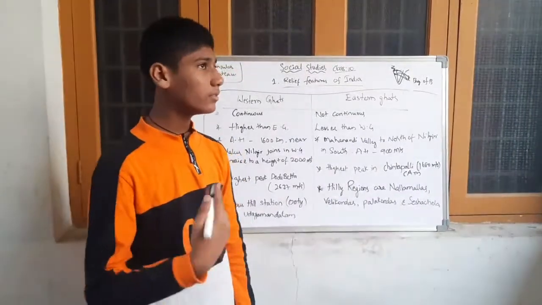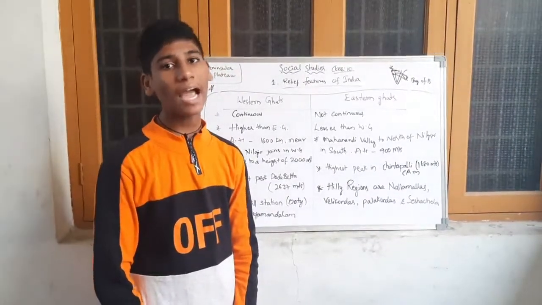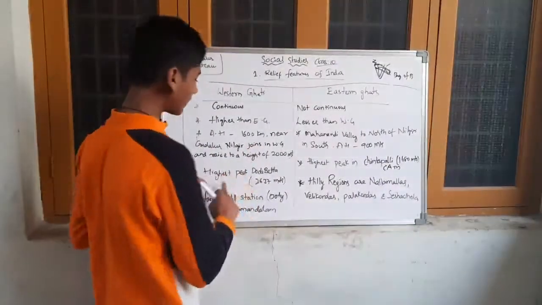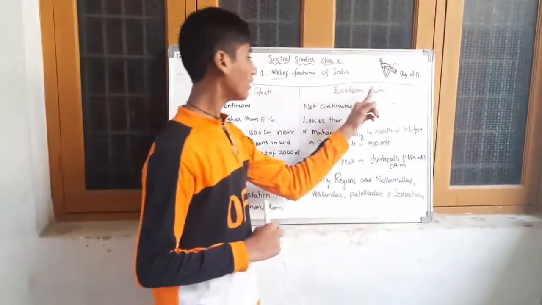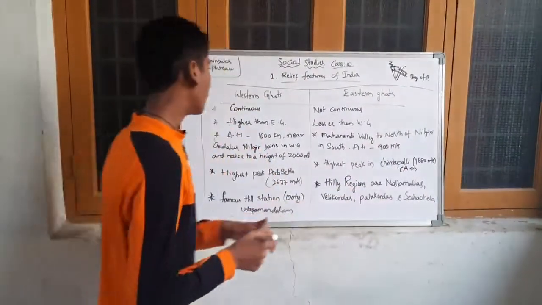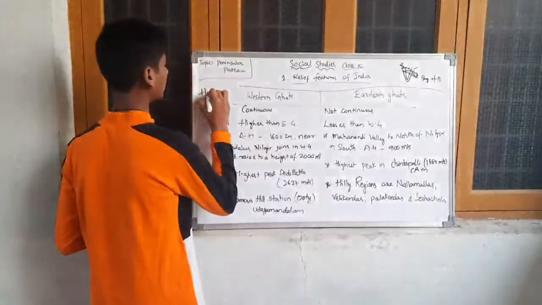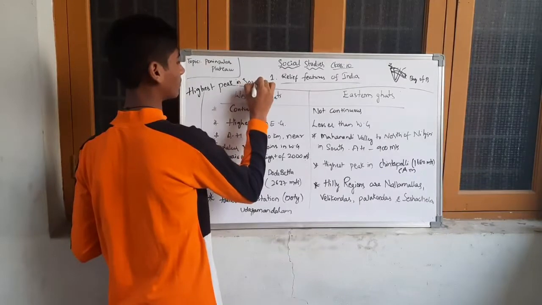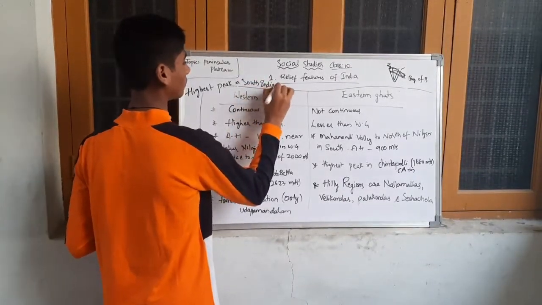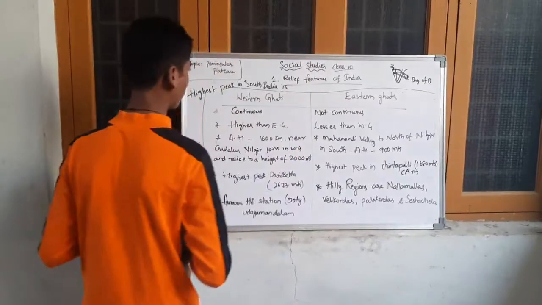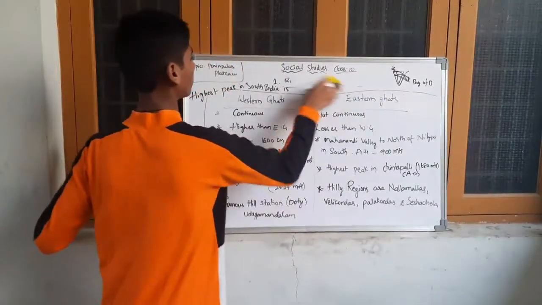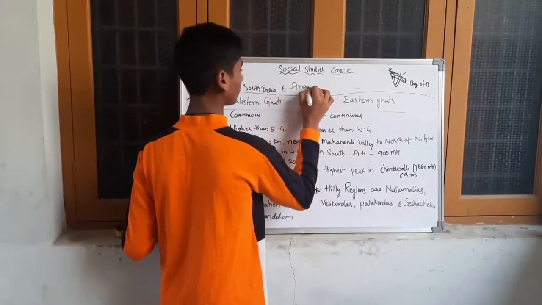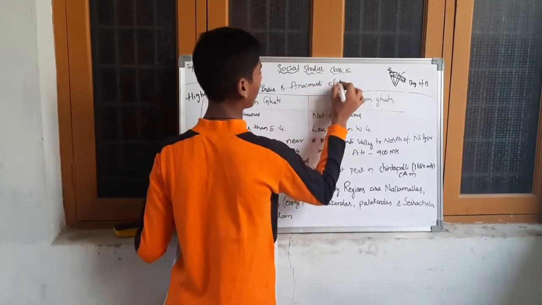Okay. Now next we will discuss the islands. Before going into the topic of islands, the highest peak in Western Ghats is Doda Betta and the highest peak in Eastern Ghats is Chintapalli. The highest peak in total South India is Anaimudi of Annamalai Hills.